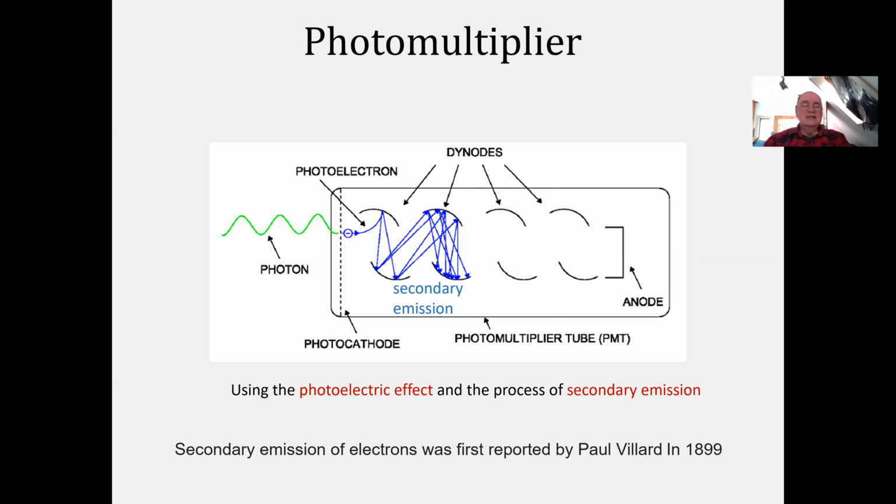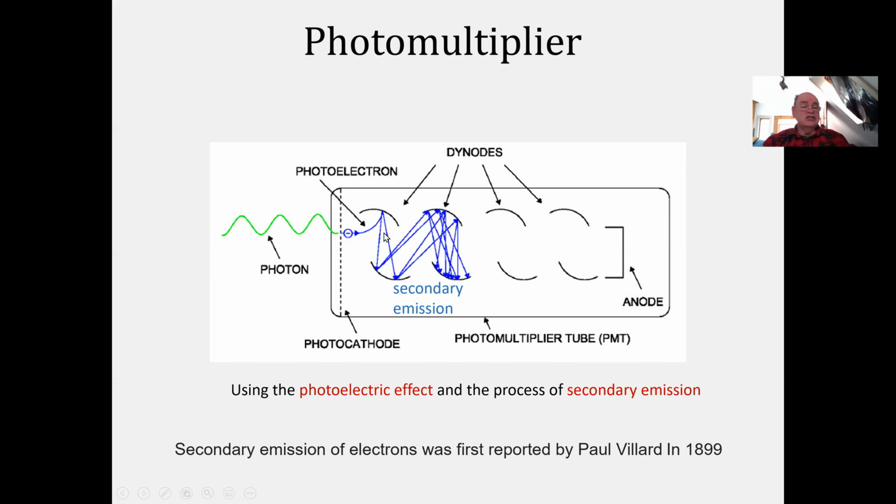But the idea to take a photon, starting off with as little as one photon, the dimmest possible light you could think of, subjected to the photoelectric effect to give off an electron. Now we have an electron. We can use the process of secondary emission to cascade, having one electron produce two, and having two produce four, not four, but in fact 40.